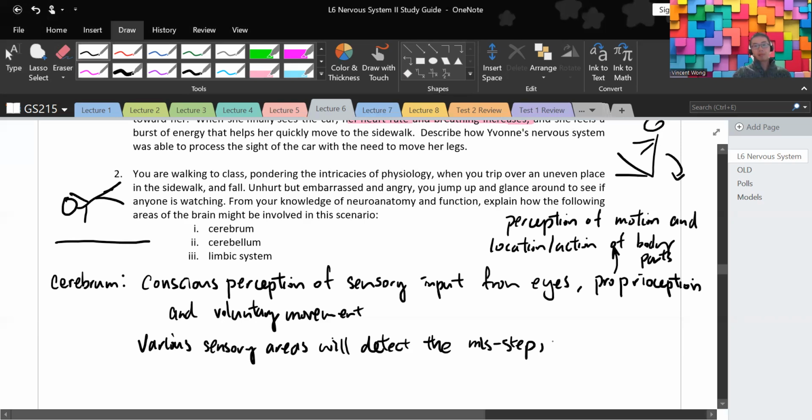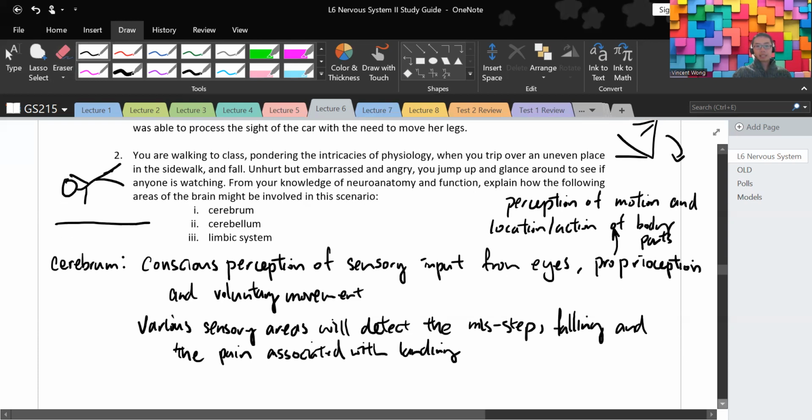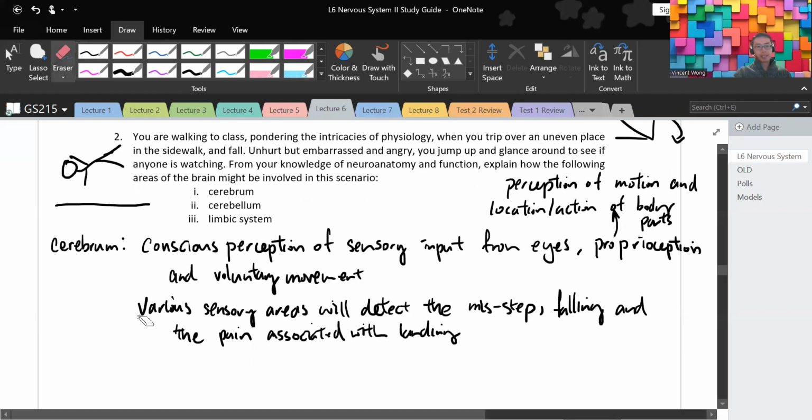So the misstep, the falling, right, and the pain associated with landing. Okay. And then finally, the getting up part, right? The getting up part, that's where the primary motor cortex comes in.